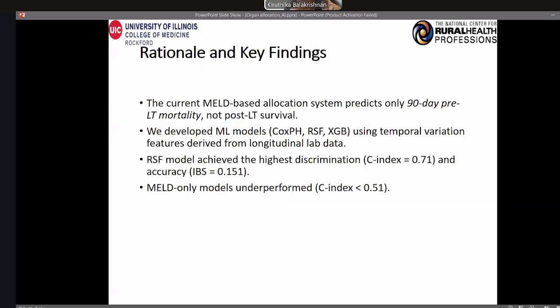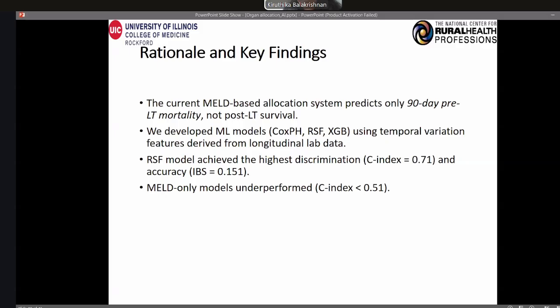Then I would like to summarize the main motivation and key takeaways from our study. First, the current MELD-based allocation system is primarily designed to predict short-term, 90-day mortality for patients waiting for transplantation. It does not tell us much about what happens after transplantation.